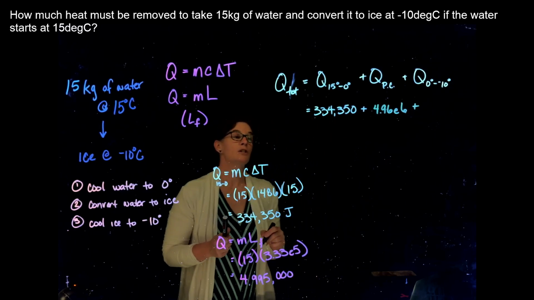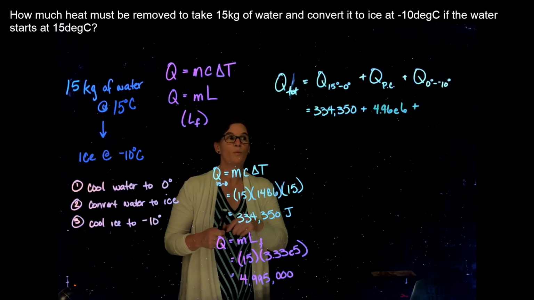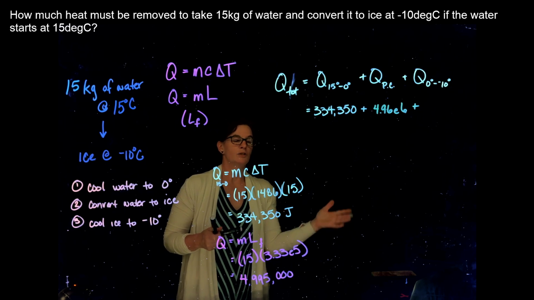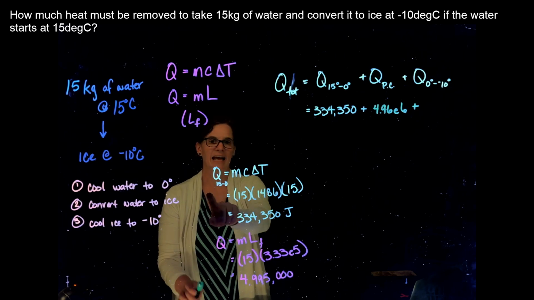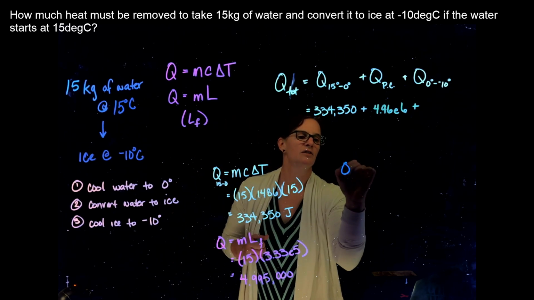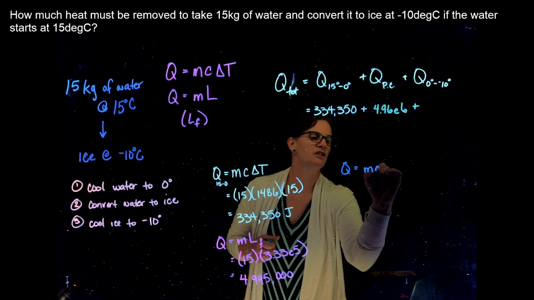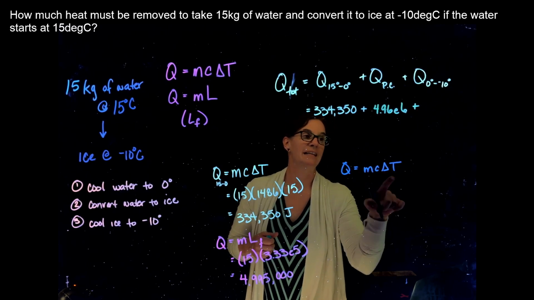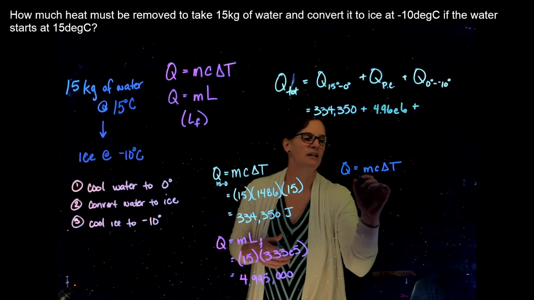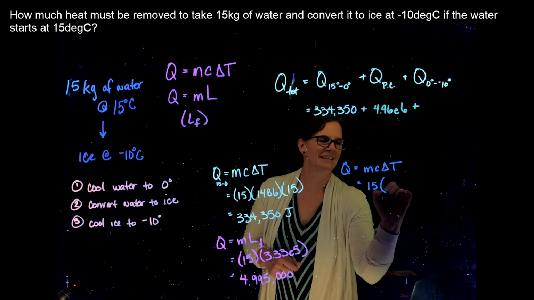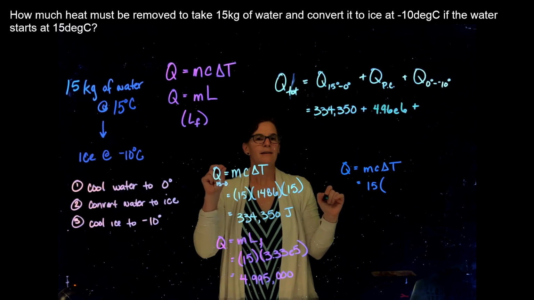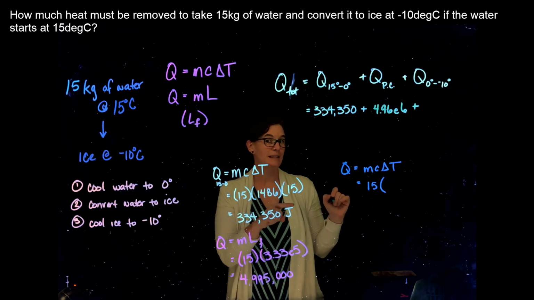And then we need to know how much heat it's going to take us once everything is ice to go down by 10 more degrees. So that, again, is in a single phase. So we are going to use this relationship. And again, it's a 10-degree change. So we have 15 grams. Our specific heat of water is different than the specific heat of ice.